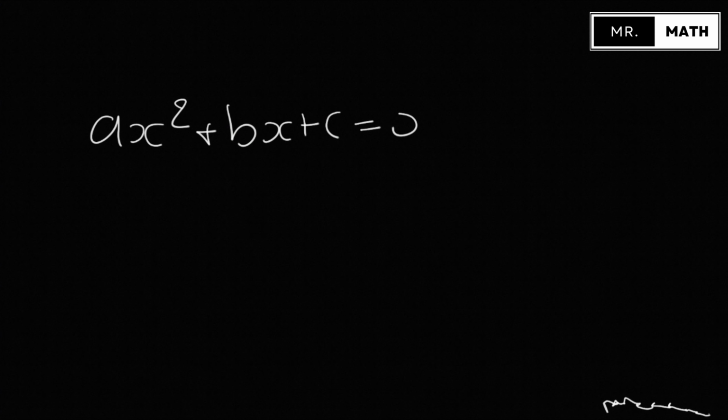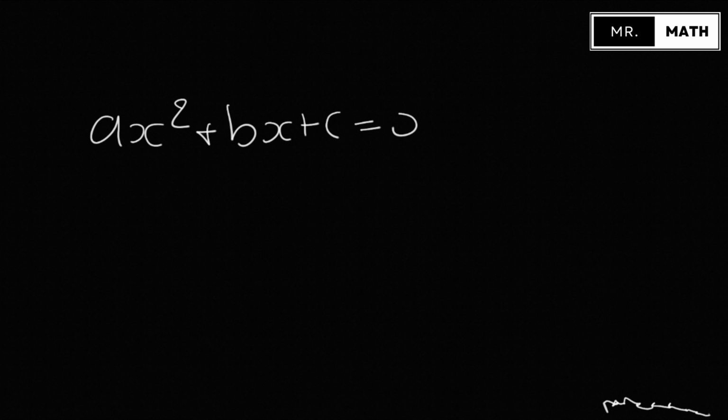Now if I tell you, tell me the sum of the roots of this equation, what will you do? You will tell Mr. Math, we need to first find both of the roots of this equation, then we will add both of them, and that would be your answer. Correct?